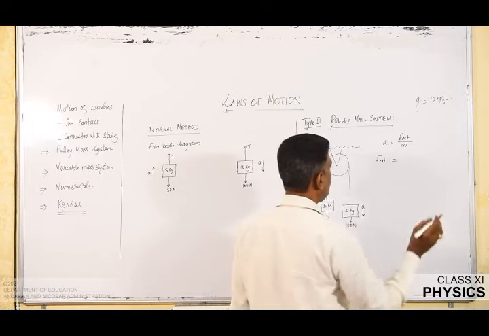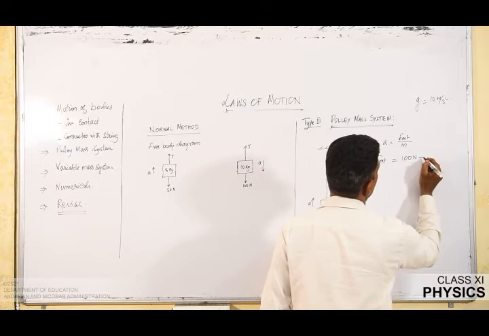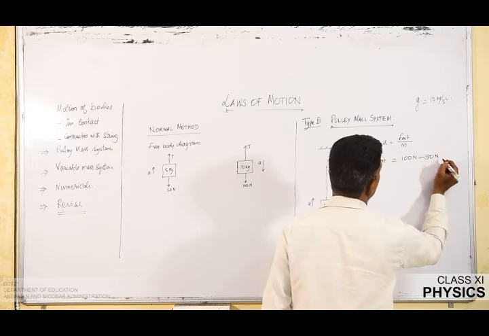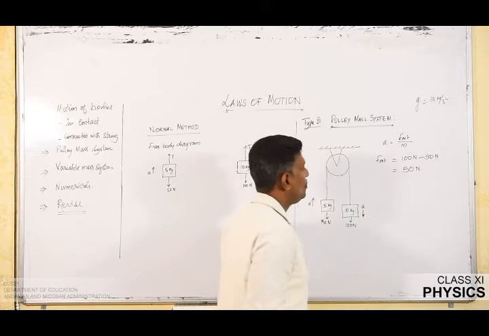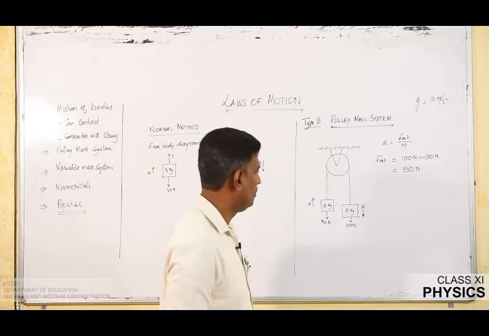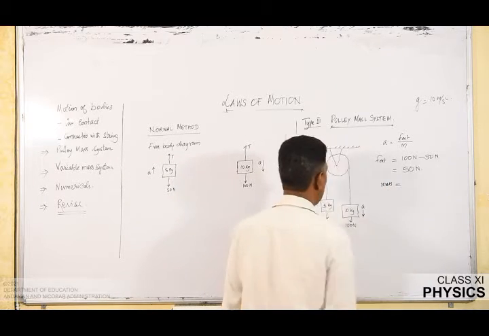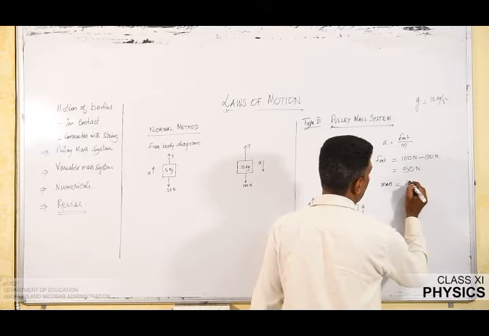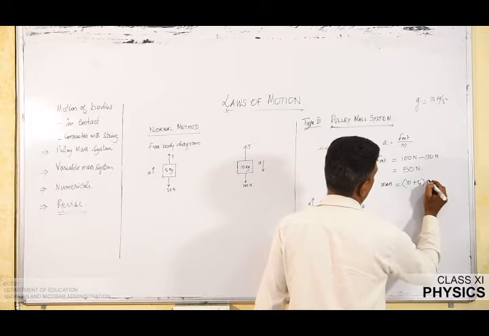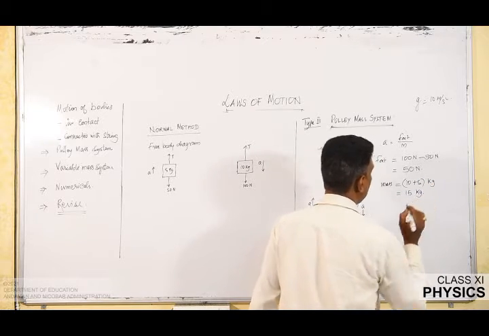So, what will be the net external force, that is 100 Newton minus 50 Newton, that comes to be 50 Newton. So net external force is 50 Newton. What is the net mass? Mass is equal to m1 plus m2, that is 10 plus 5 kg. So that is equal to 15 kg.